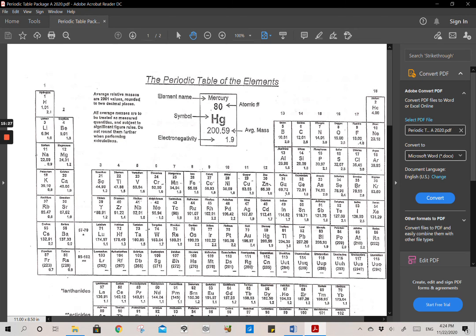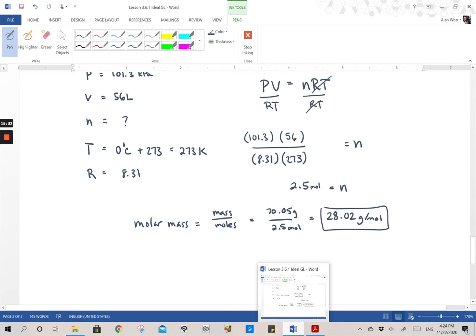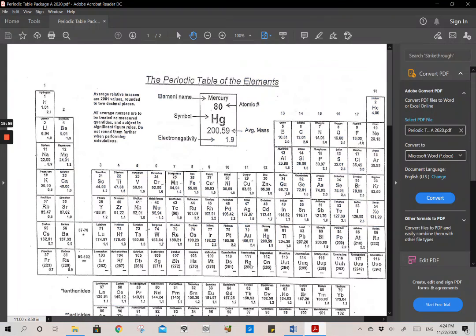Those are the diatomic 7. So to figure out which one you actually have, you have to take this value and divide by 2. You have to take into consideration the diatomic aspect of this gas. And when you do that, it becomes 14.01 grams per mole. And that is the value for nitrogen.